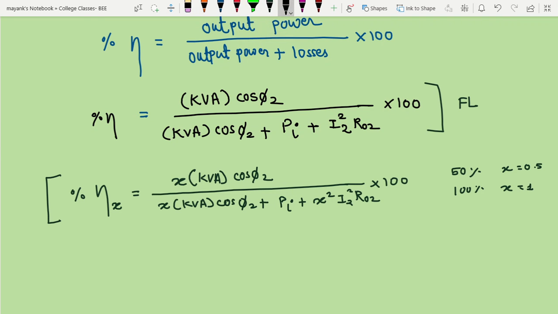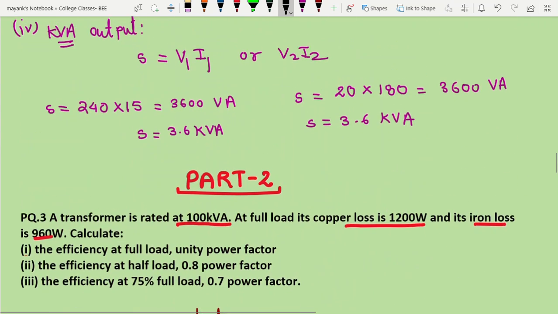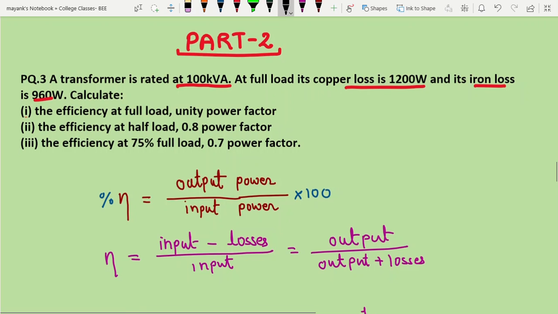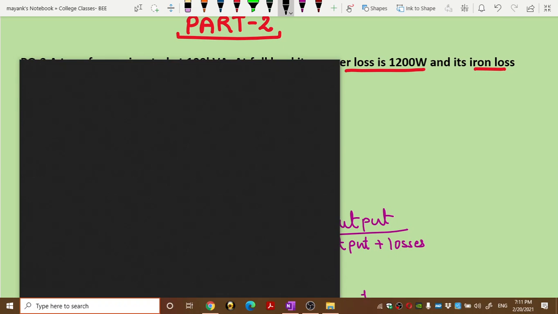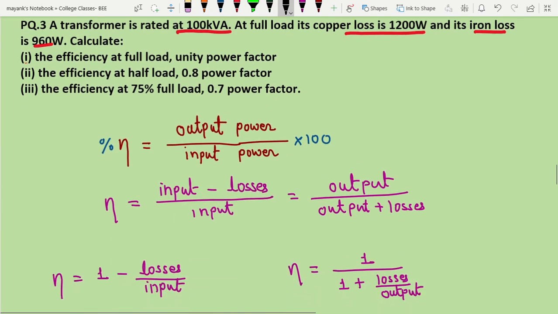For the given question, the data available to us is the kVA rating. KVA rating is, see, it is 100 kVA, and you have 1200 watt copper losses and 960 are the core losses.